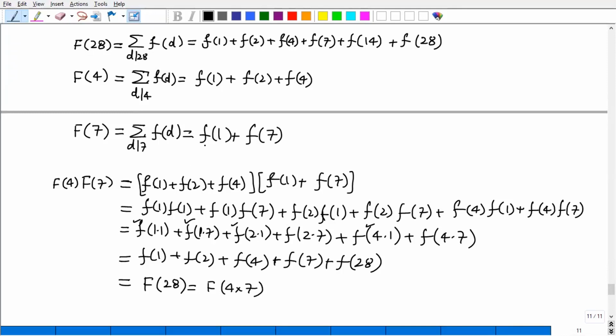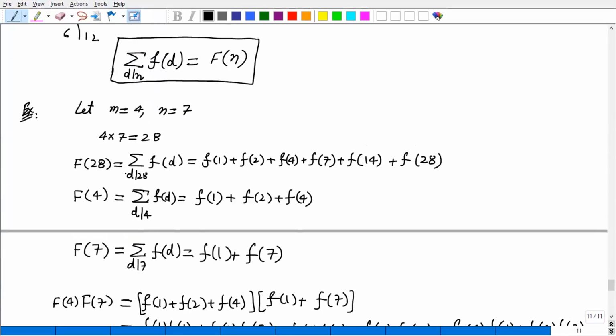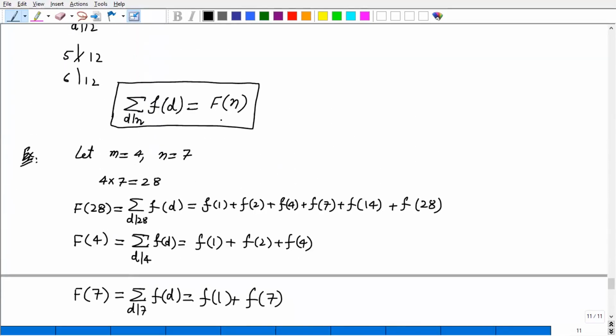It only shows that for the particular value 28, the function F is multiplicative, but inshallah in the next class we will show that F is multiplicative for all integers if f is multiplicative. Thank you.